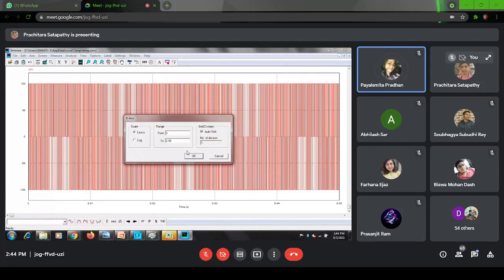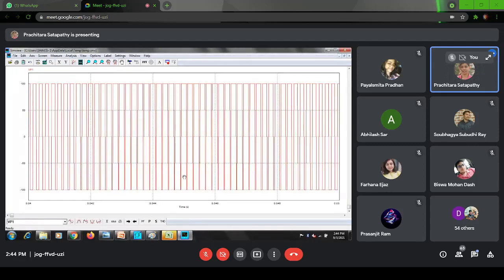So later I am zooming it from 0.04 to 0.05. Okay, yes or no? The pulse width is not everywhere the same, yes or no?